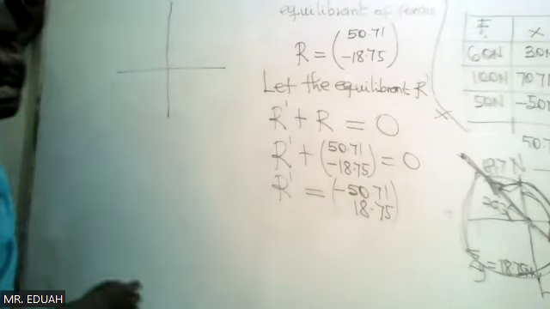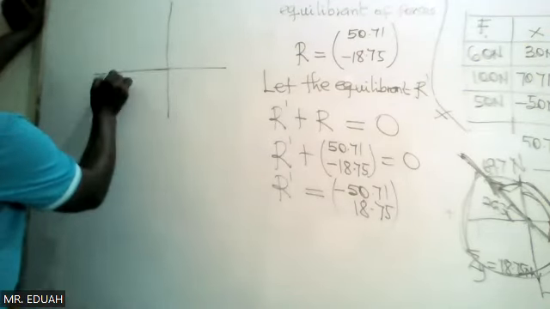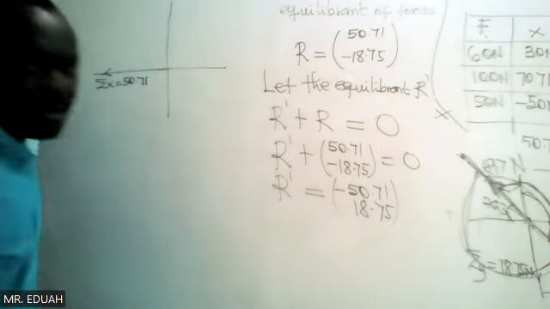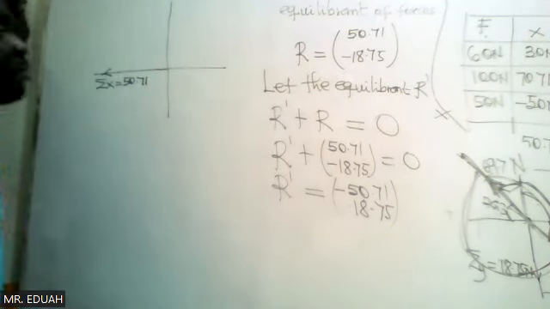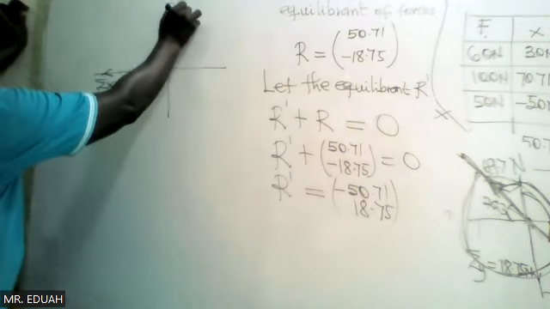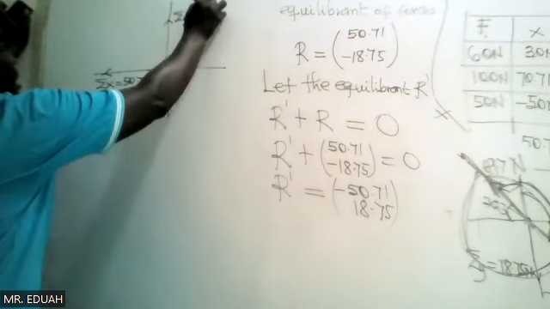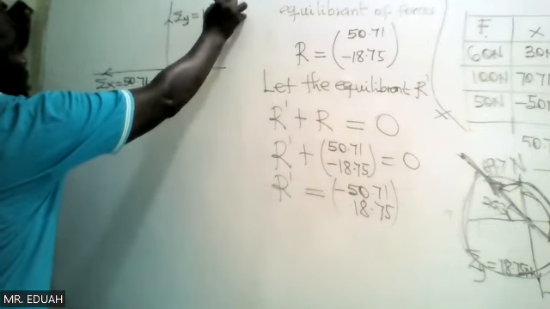My x component is negative, meaning it's along this side. So we have summation x, which is 50.71. Then my y is positive, which will be summation y, and that is 18.75 Newton.